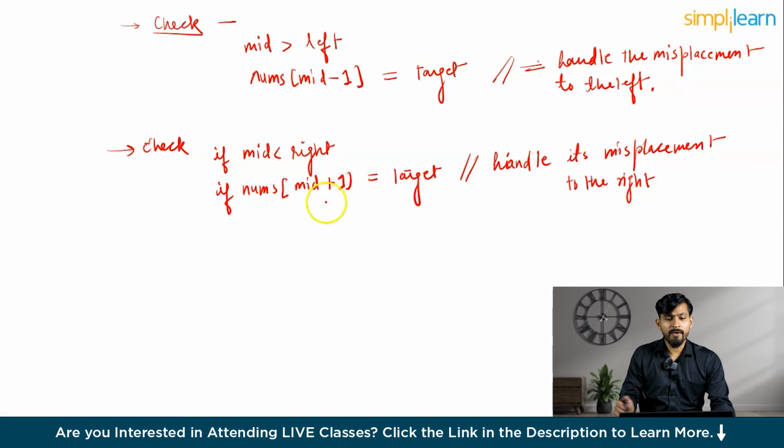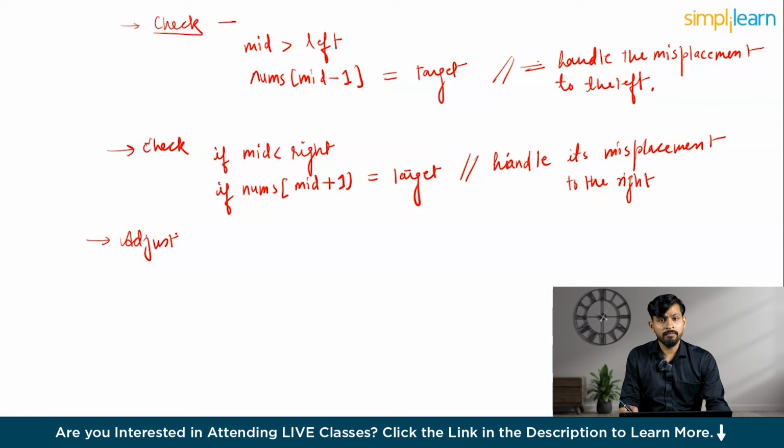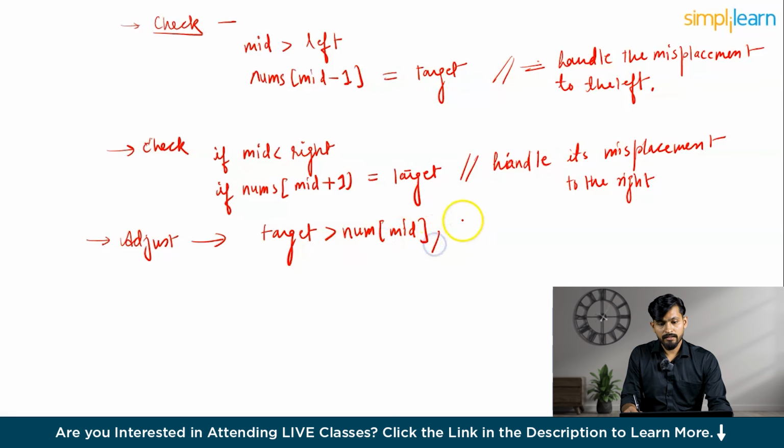Now we are going to adjust the left and the right pointers based on whether the target number is greater than or less than nums of mid. You have to check that it is greater than nums of mid or it is less than nums of mid.